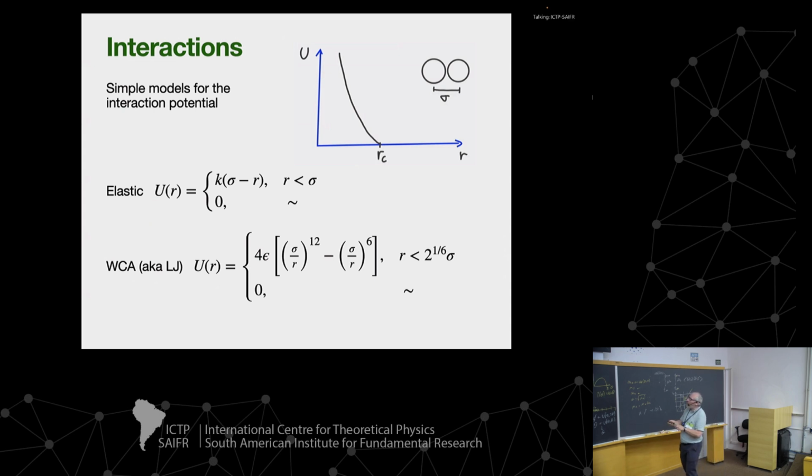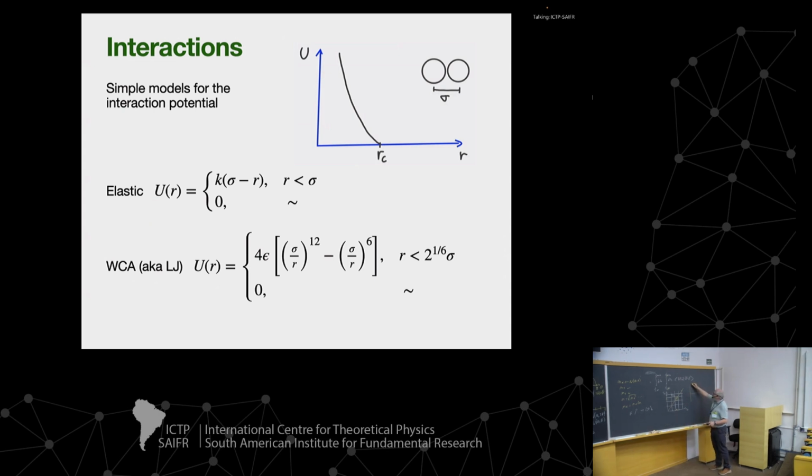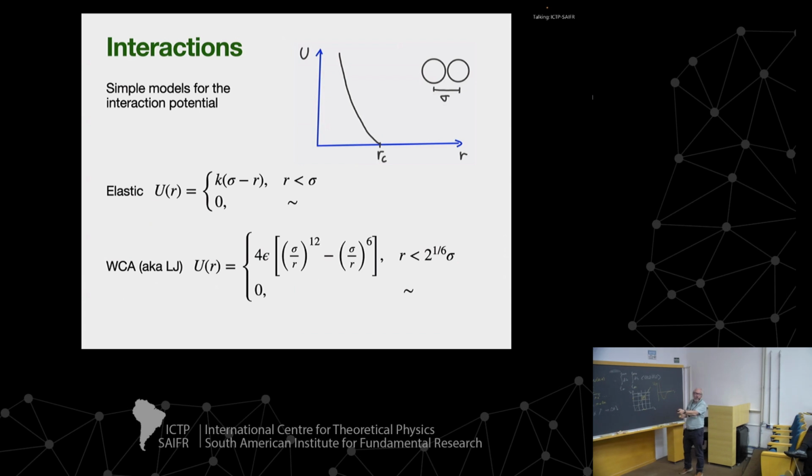It is a potential that has a very strange form, because I don't know if everybody knows the Lennard-Jones potential, but this is the Lennard-Jones potential that has this expression, like this, where the depth is minus epsilon. Sorry, this is sigma, and this is 2^(1/6) sigma.